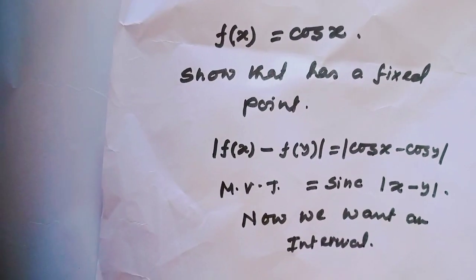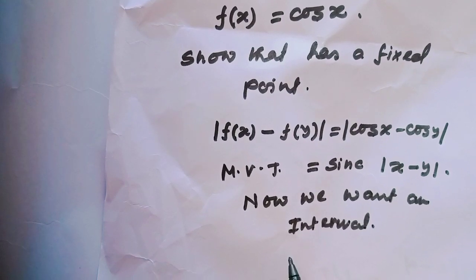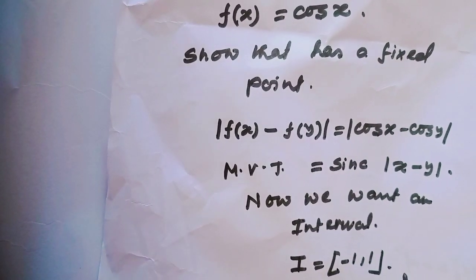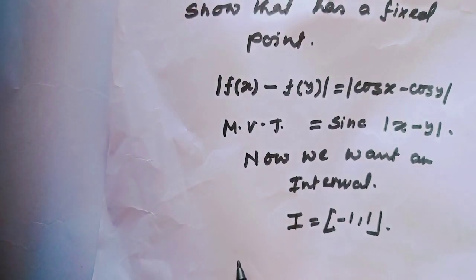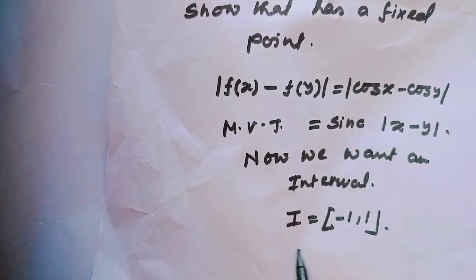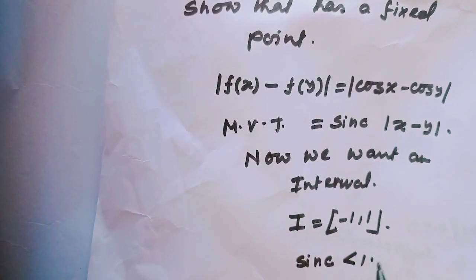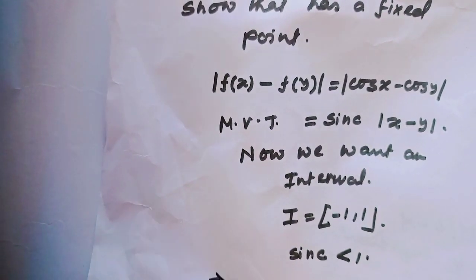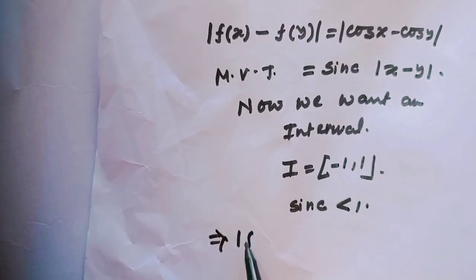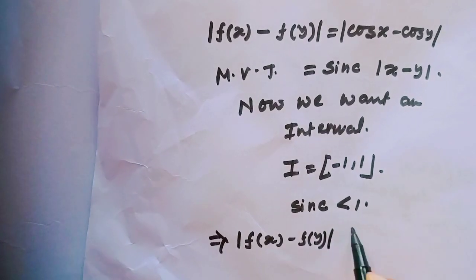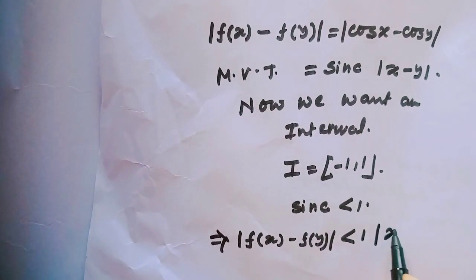And all of us know that in the interval I equal to minus 1 to 1, the value of sin c is always less than 1. Therefore the inequality becomes the absolute value of f(x) minus f(y) is less than 1 times modulus of x minus y.